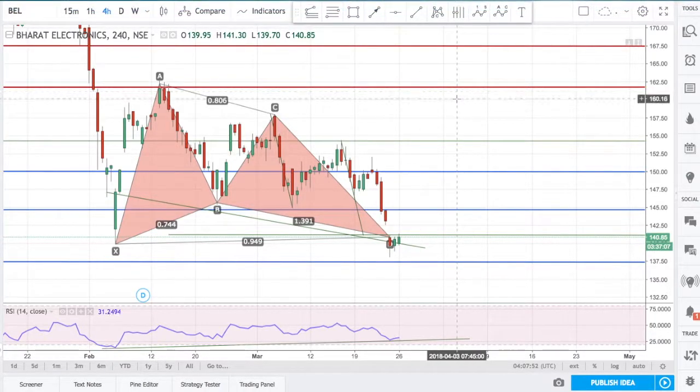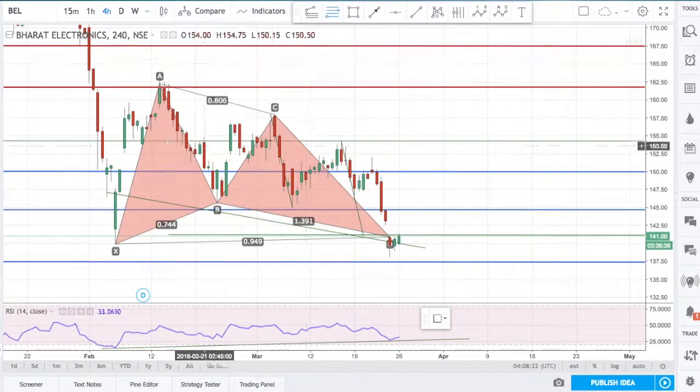Now let's see where we can take our targets. As I mentioned earlier, in an advanced pattern, 38.2 and 61.8 are the two major levels where we want to see the prices heading to. So let's mark our 38.2 as our first target and 61.8 as our second target.